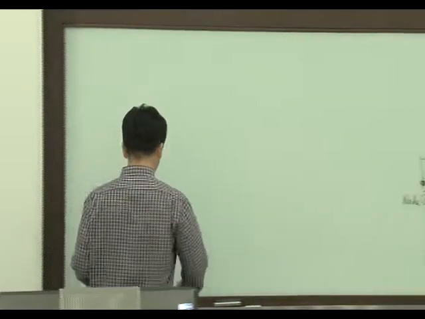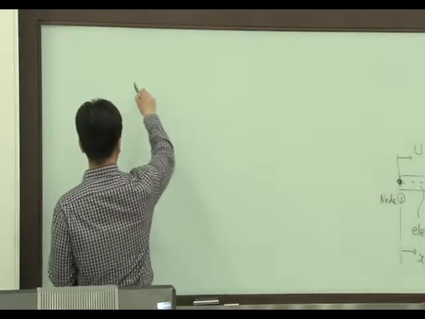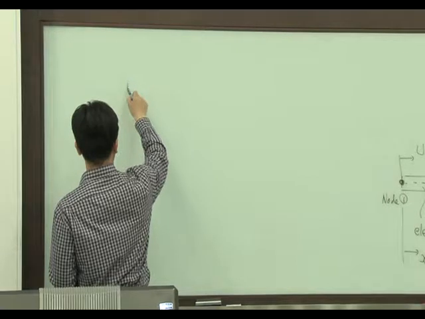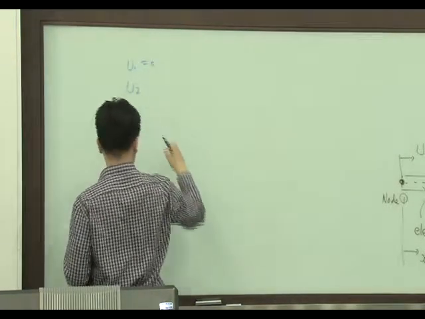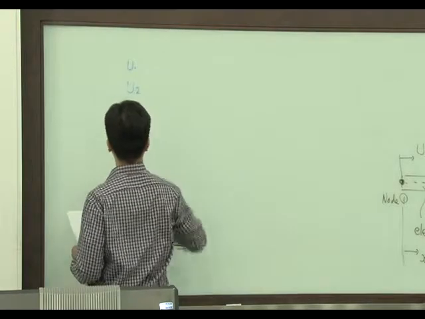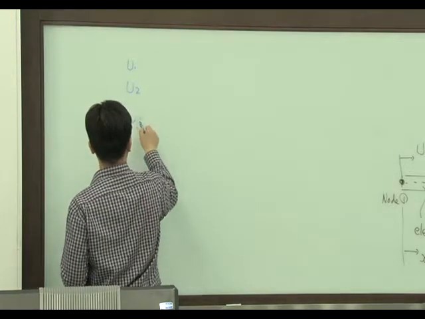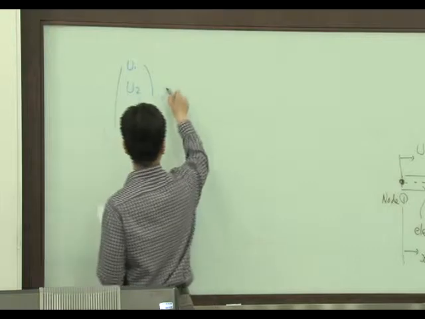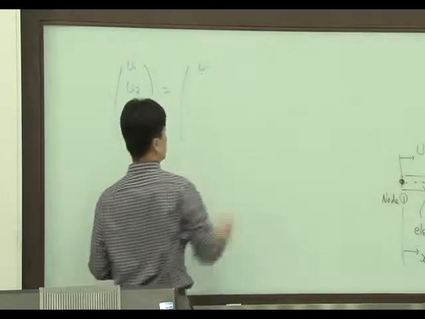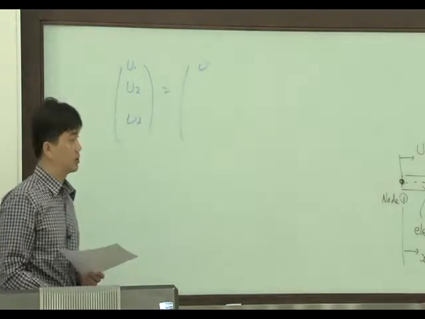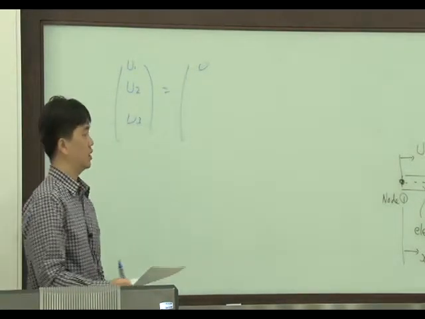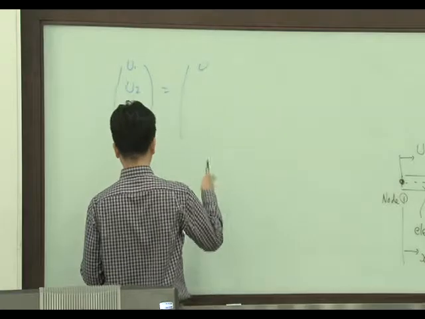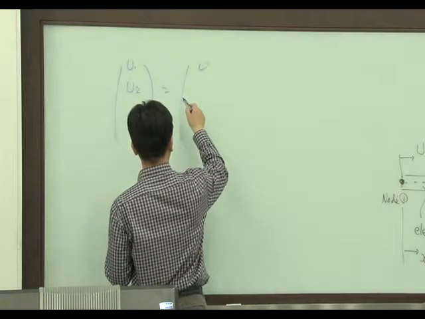Okay, then we can solve, we can find out U1, U2. U1 equals 0, right? So U1, U2, U3: U1 is 0 due to the boundary condition. And if I solve that 2 by 2 linear system, U2 and U3 are calculated.